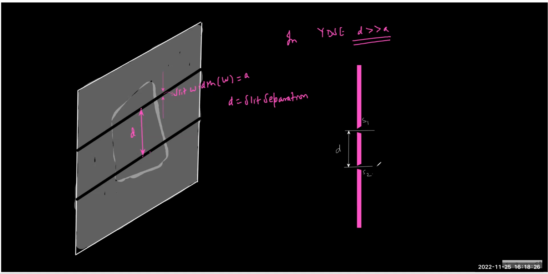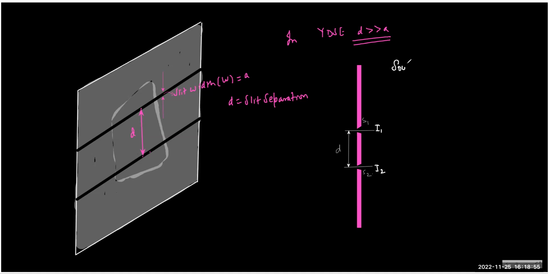Understood? Yes, sir. Now, depending on the width, the source may have same intensity and may have different intensity. So if you take equally wider holes, then indirectly you say that it will have same intensity. So these two sources will have intensity I1, I2, and I1, I2 depends on width.